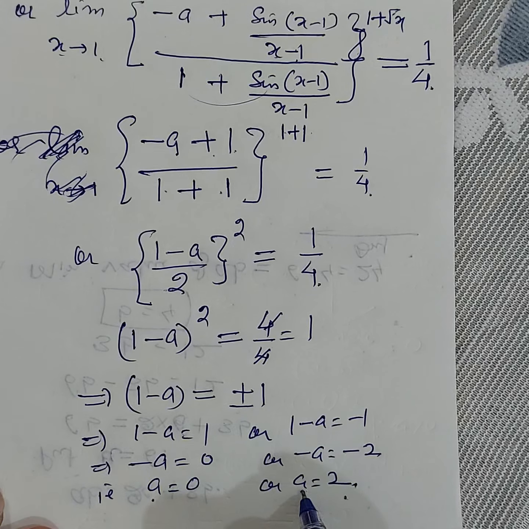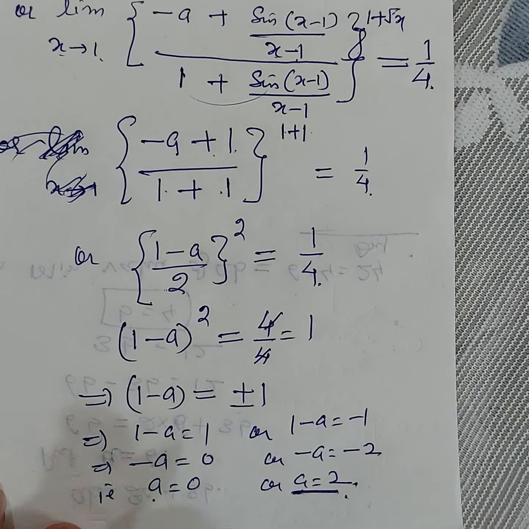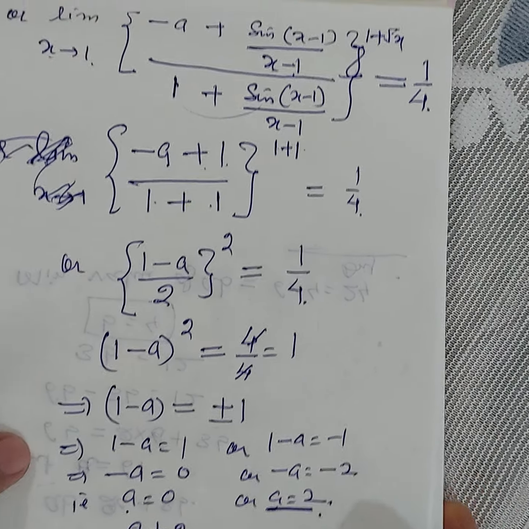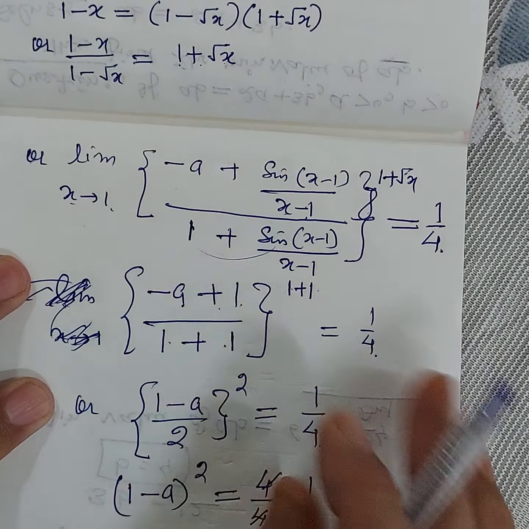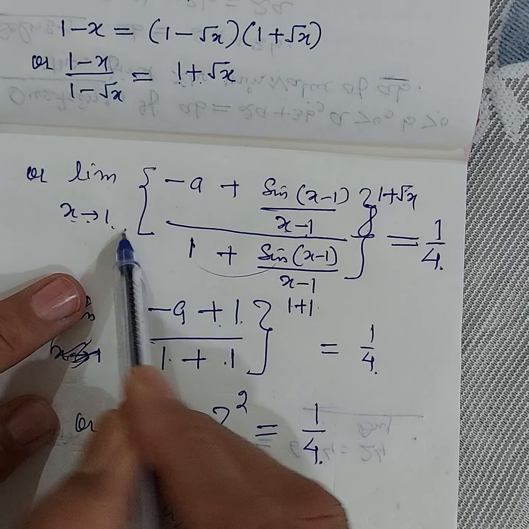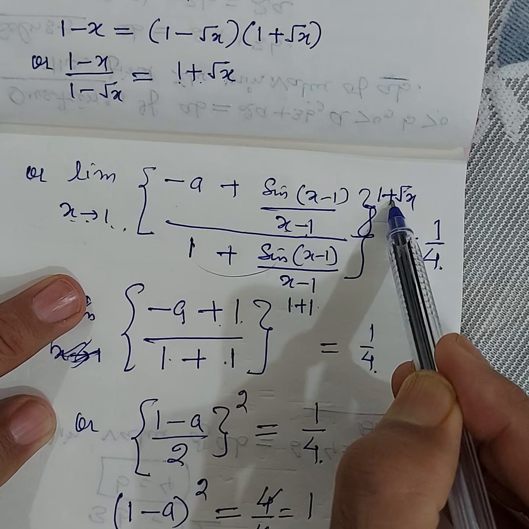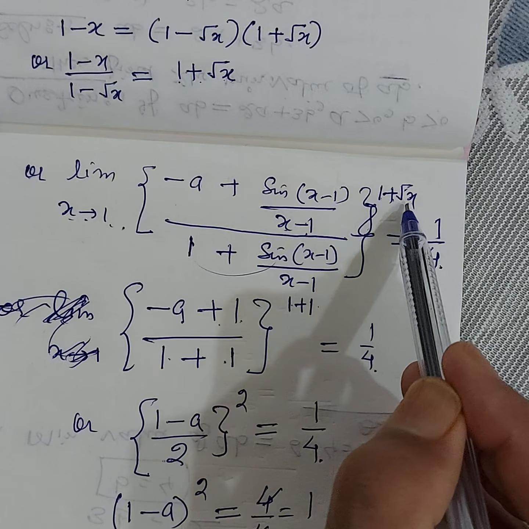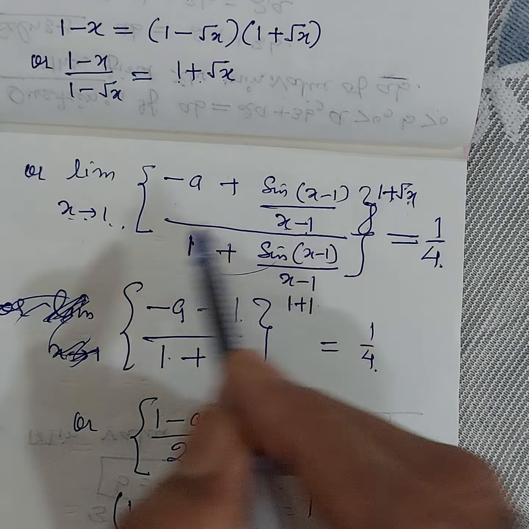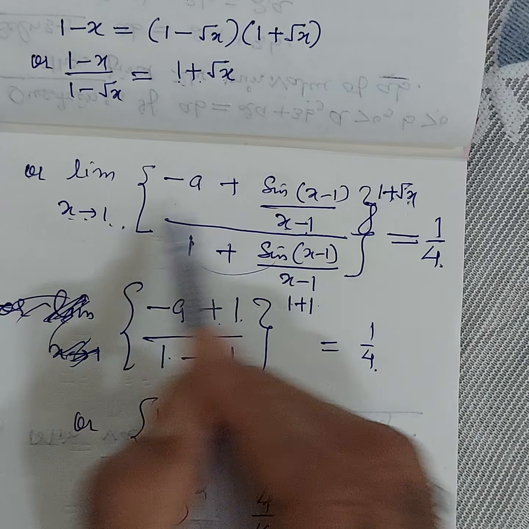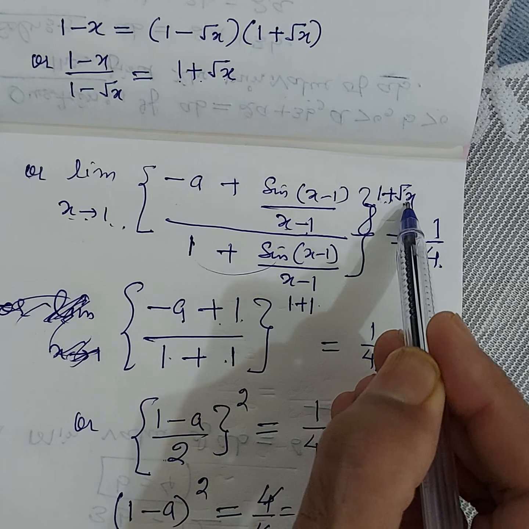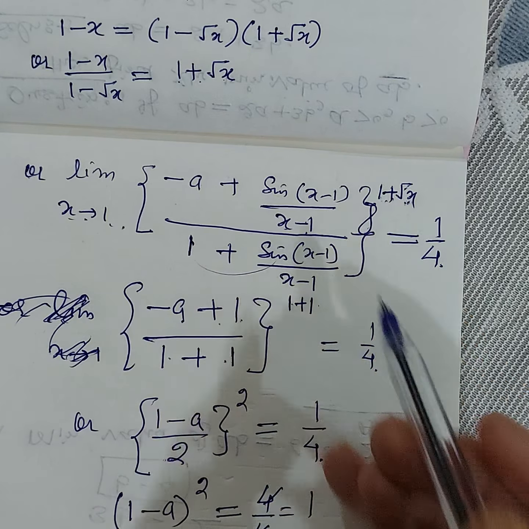The largest value of a is 2, but a = 2 does not satisfy this limit, because x is approaching 1, and 1 + √x is not exactly 2. It is less than 2, because x is not equal to 1; it is very close to 1.